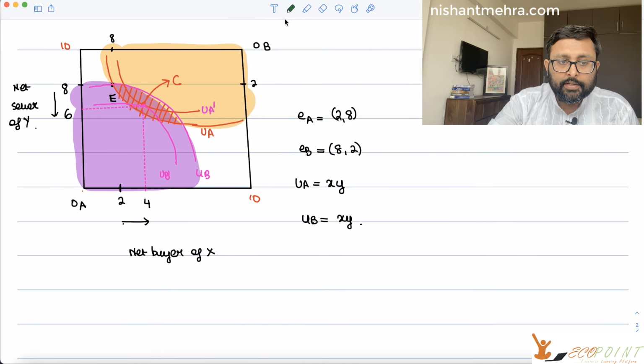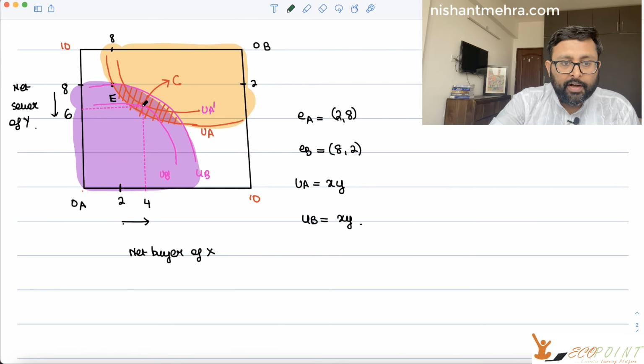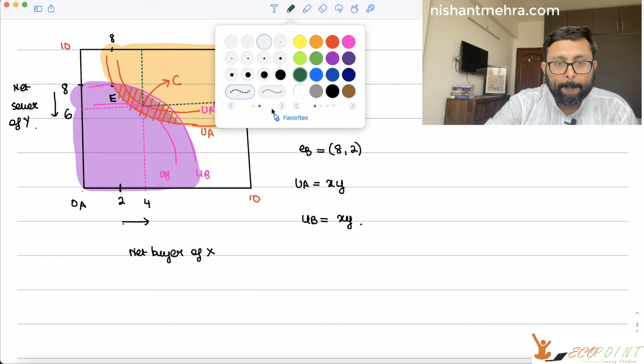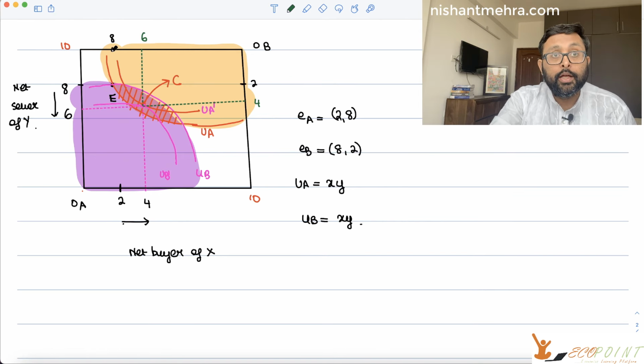Achha, compared with this, what about you? Let's say this point is 6 when I'm reading it from your axis, and this point is 4 when I'm reading it from your axis, right? So you were born with 8 units of x, but you're consuming ultimately 6 units of x.